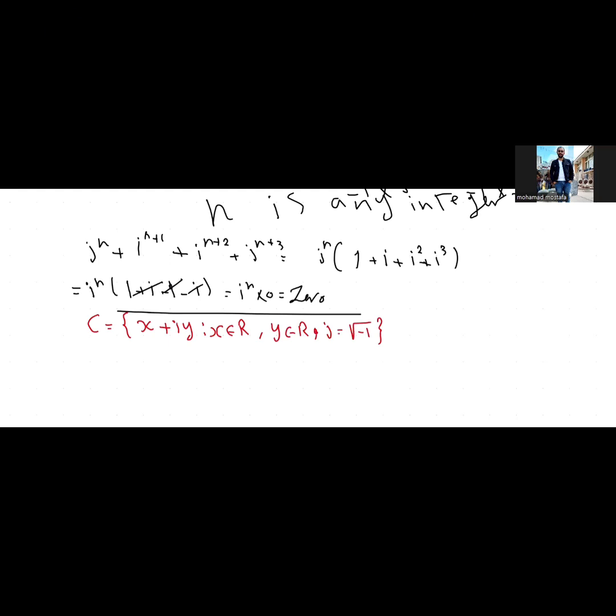We see here z equals x plus i y. And we can name the i here iota.